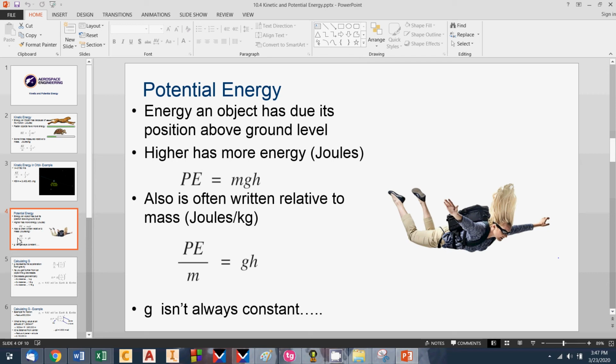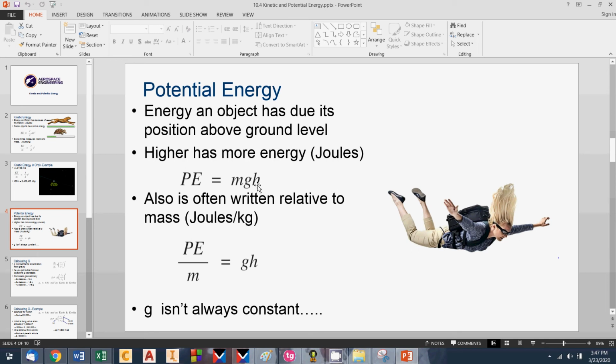So this potential energy is how much energy an object has because of its position above ground level. Now we calculate this. Potential energy is relative to the mass of the object. The more mass something has, the more energy it can have as it falls. G is the gravitational value. This is about 9.8 meters per second squared or 32.2 feet per second squared, depending which unit we're using.